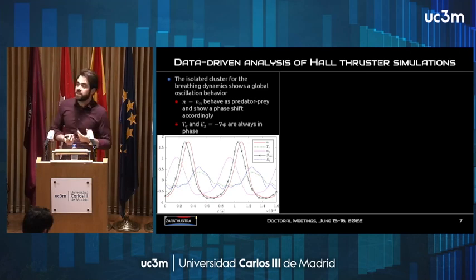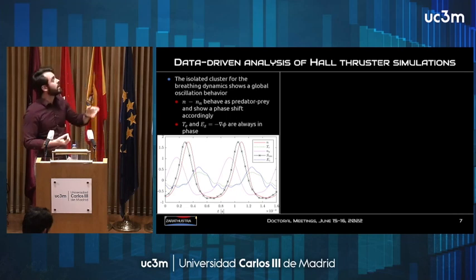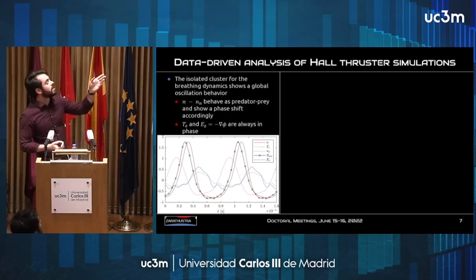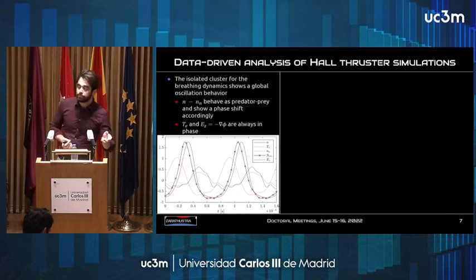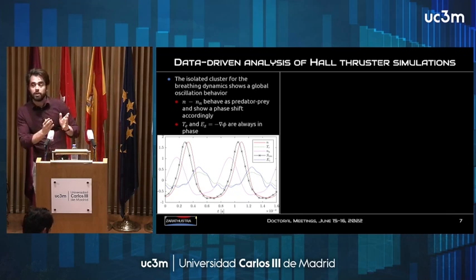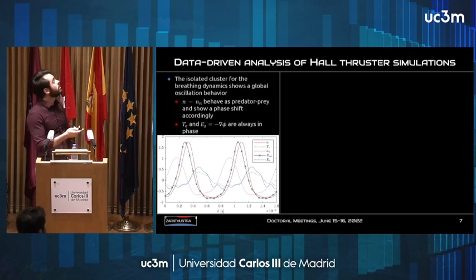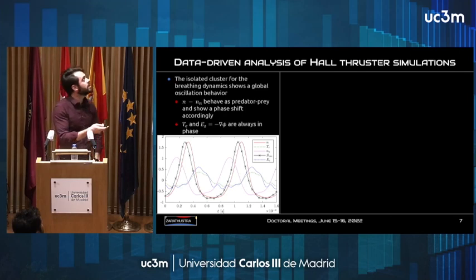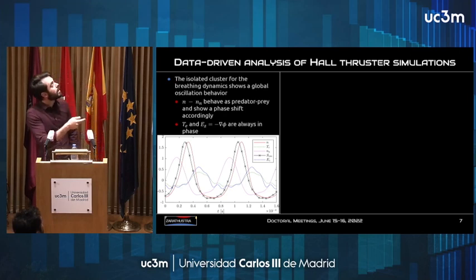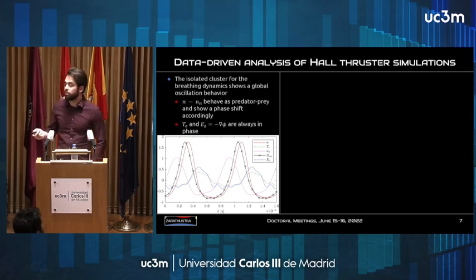So this means that there is an ionization process going on, and the black crossed line is S-ion, the ion production term, which peaks right in the middle. So this means that the plasma density preys on the neutral density. Moreover, we have seen how the electron temperature and axial electric field are always in phase, and this is also according to existing models.